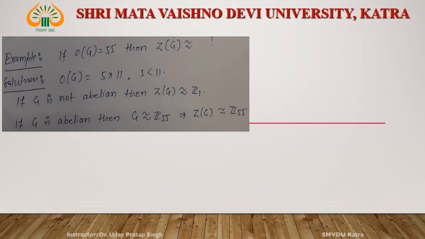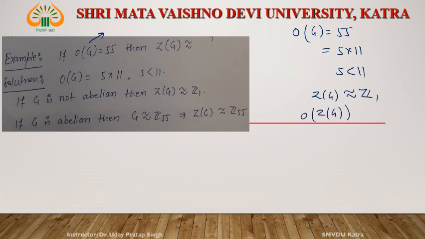Now see, let us look at one example. The order of G is 55, which is 5 times 11, and 5 is less than 11. Suppose G is non-abelian. Then the above problem says that Z(G) is isomorphic to Z1, since the order of Z(G) is 1.